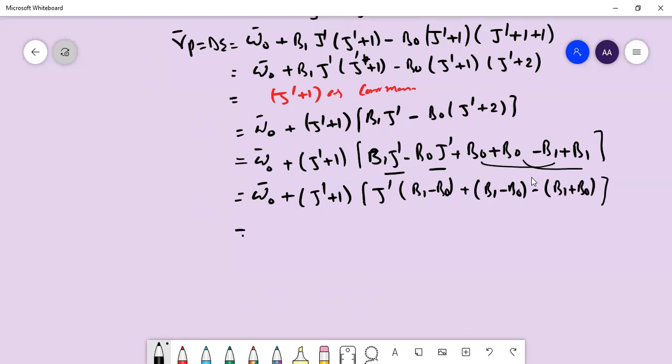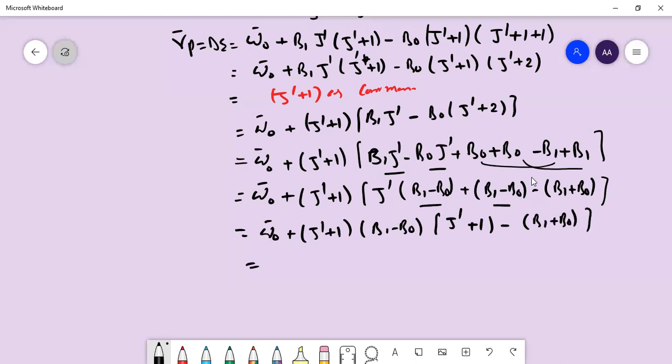Let me take B1 minus B naught as common. I can write this equation as J dash plus 1 times B1 minus B naught, then J dash plus 1 minus B1 plus B naught.